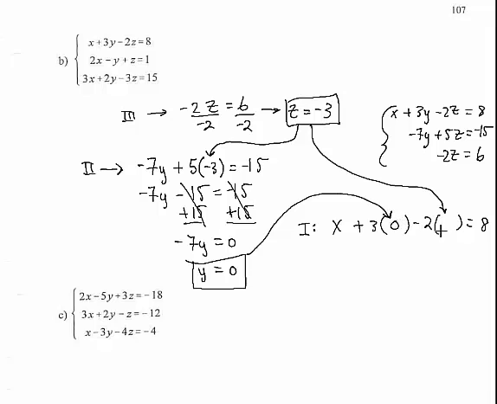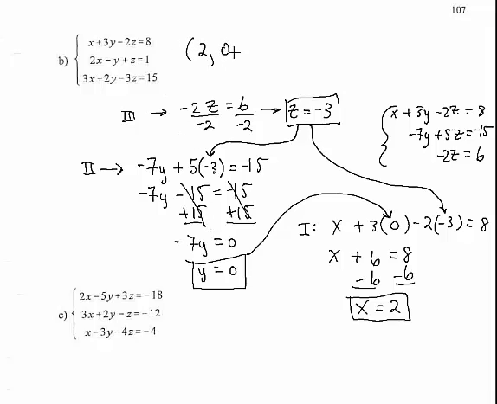So 3 times 0 knocks out this middle number, and I'm just left with negative 2 times negative 3, a plus 6. If I subtract 6 from both sides, I get x equals 2. And I have a complete solution now. I have my x variable, my y, and my z. This triplet is the solution to this system of equations.